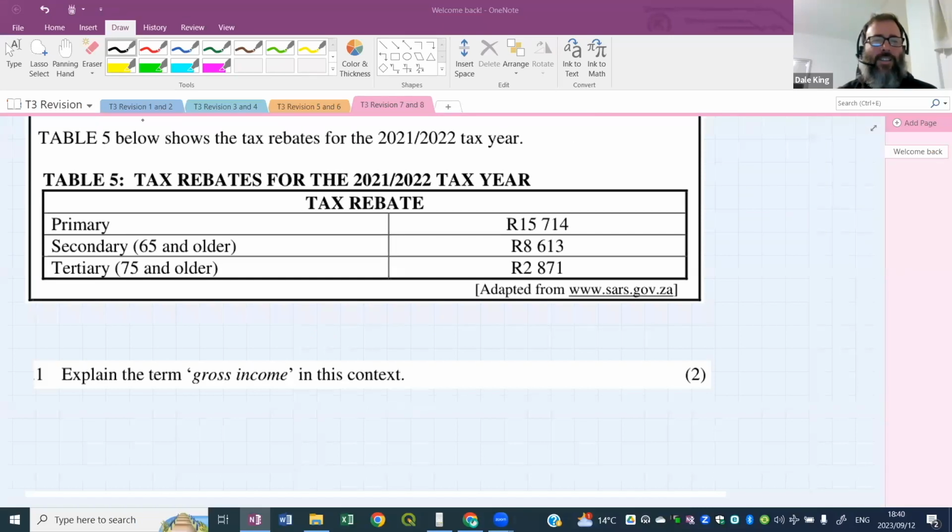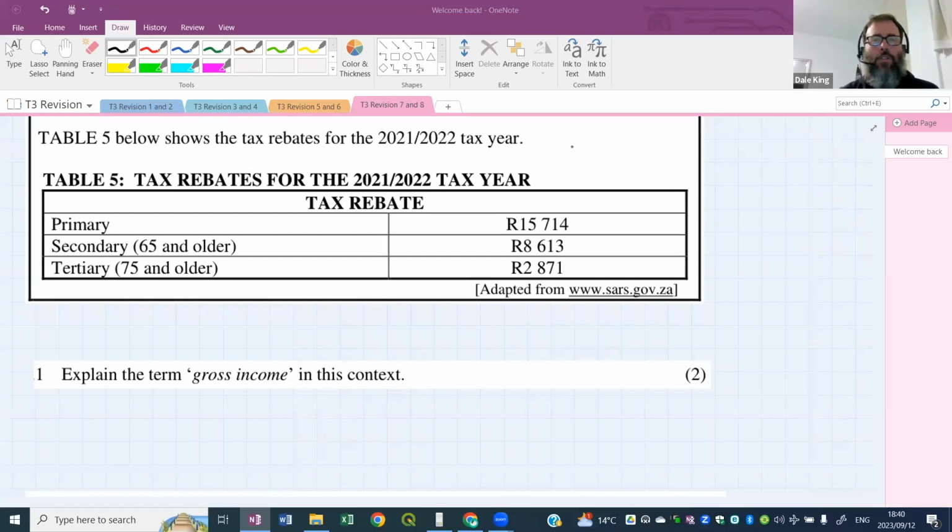The gross income is the total income you make in a year after deductions have been made, such as tax. That's the other one. This one is the total income that you have before tax. Thank you, Emmanuel. Thanks for trying. Gross is before deductions. Net is after deductions.